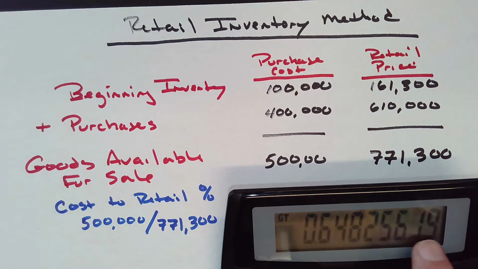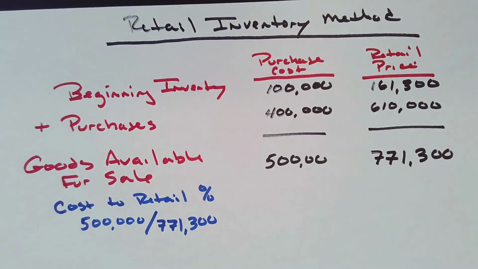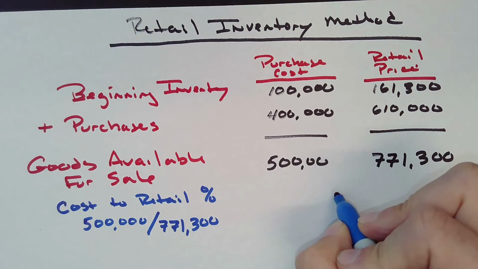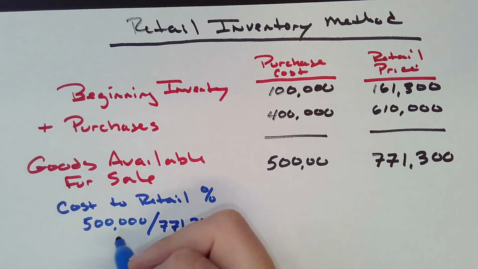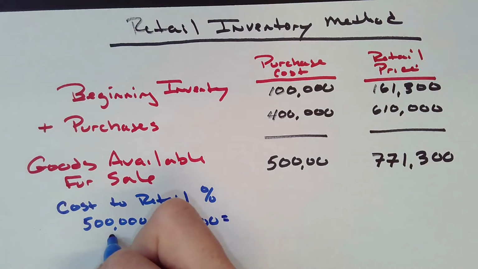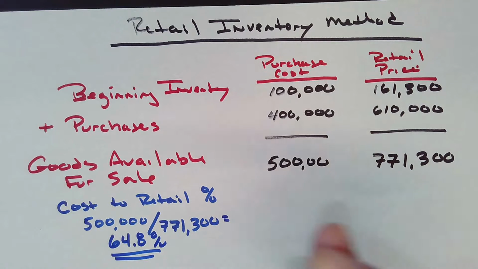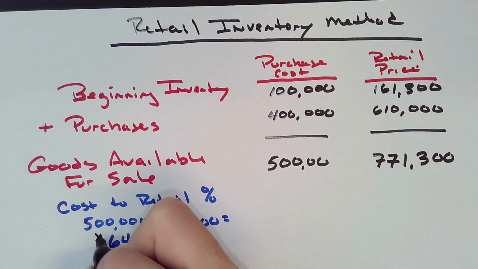You may go a little bit further up. But we're just going to keep it simple. 64.8%. So let's put that in here. So we got 64.8% is my percentage. I'm just going to put it right here. This is an important number to keep your eye on. Okay?